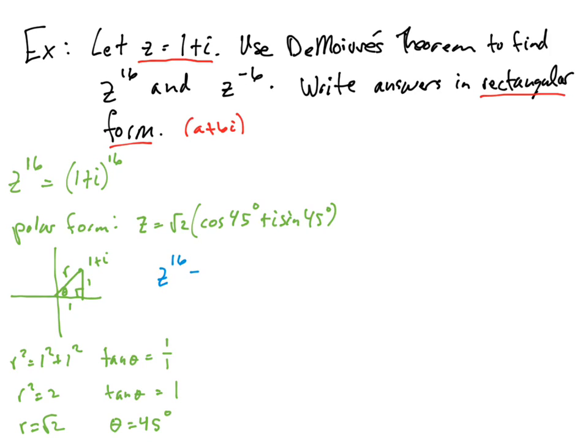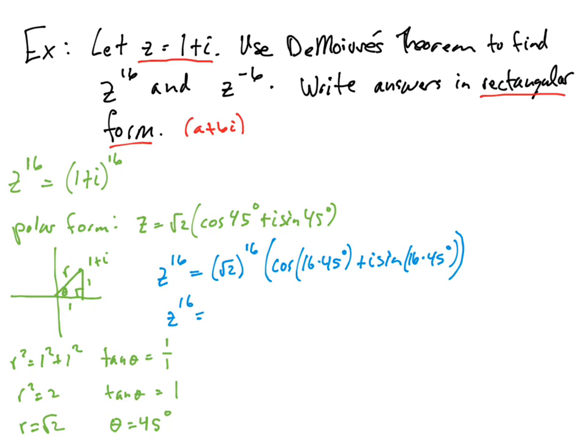So z to the 16th is equal to the r value raised to the 16th, and then cosine of 16 times 45 degrees plus i sine 16 times 45 degrees. Square root of 2 is the same as 2 to the 1/2, so 2 to the 1/2 raised to the 16th gives us 2 to the 8th power. 16 times 45 is the same as 8 times 90, so that's 720.